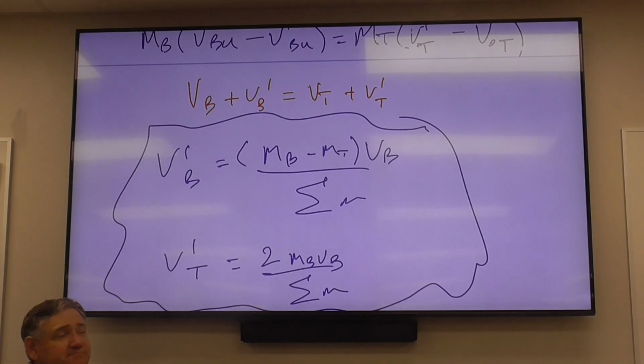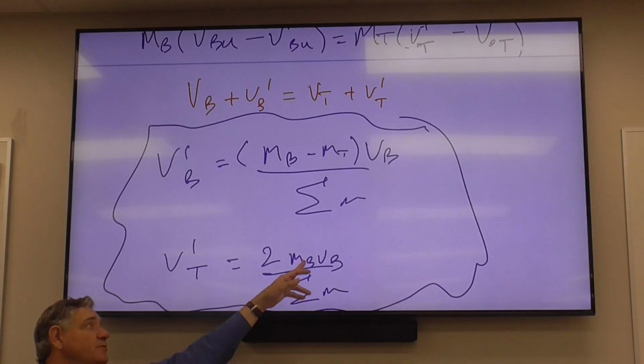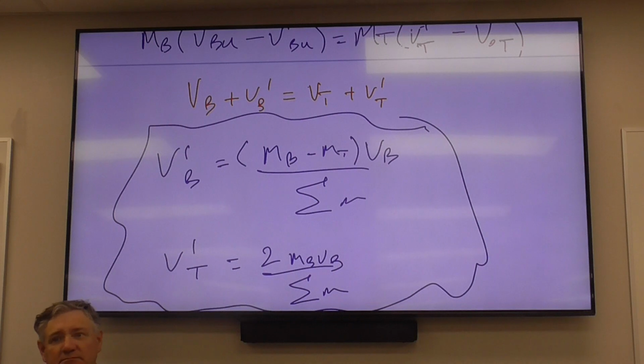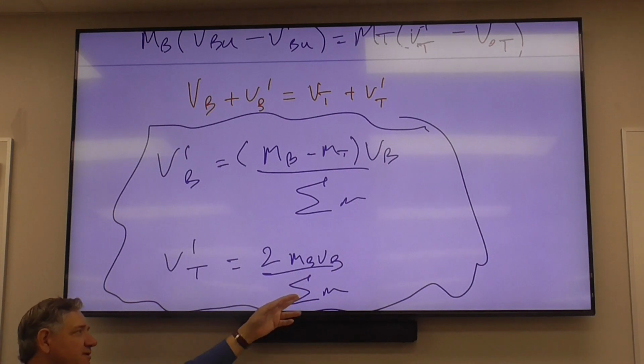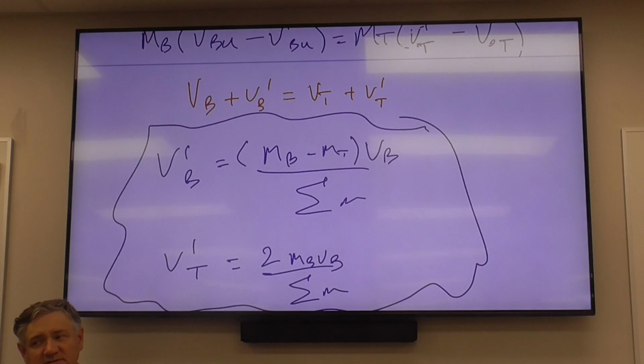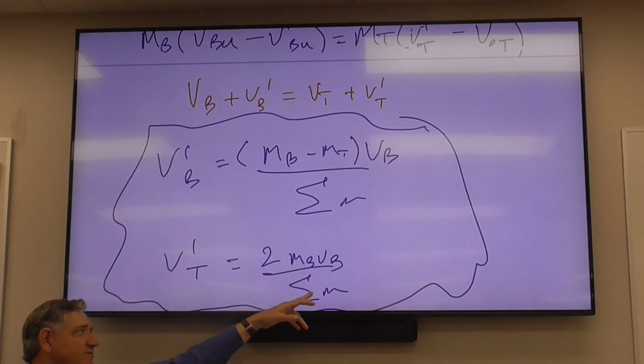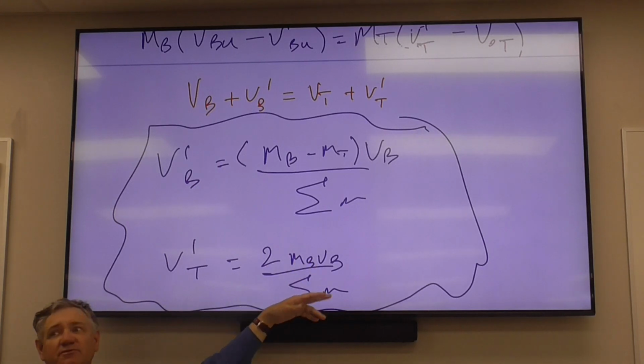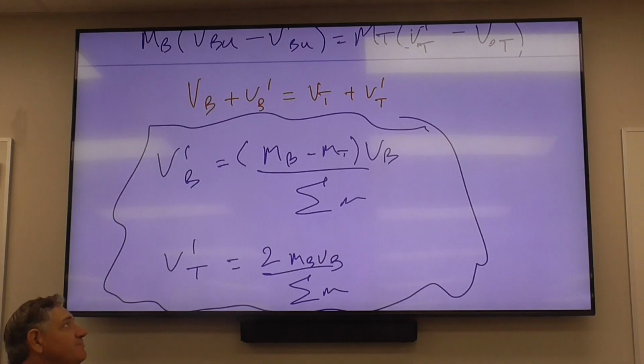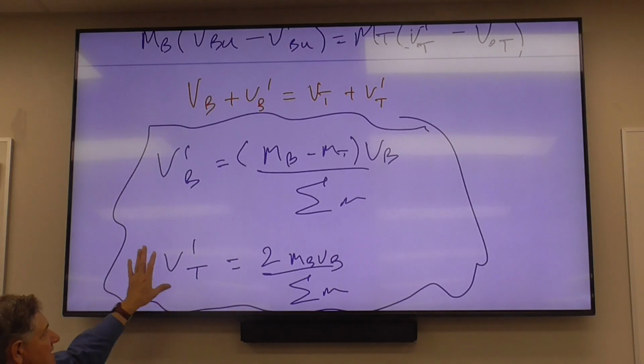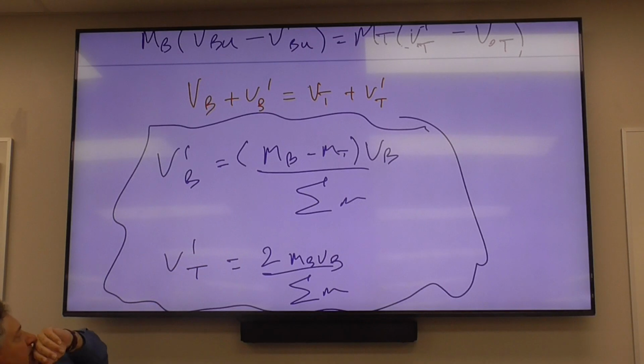Momentum. Okay, so this is basically saying, hey, we're going to double the momentum. That's it, okay? Now, you're going to divide by the sum of the masses. So the units have to work out. So I got mass divided by mass, that's cool. You're left with velocity, okay? So that's the simpler one.